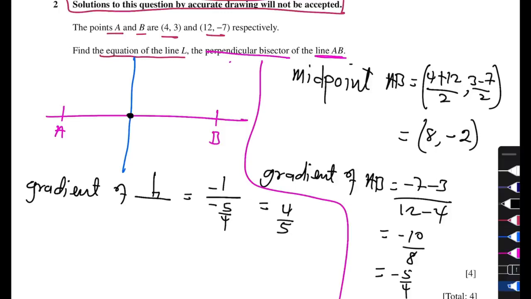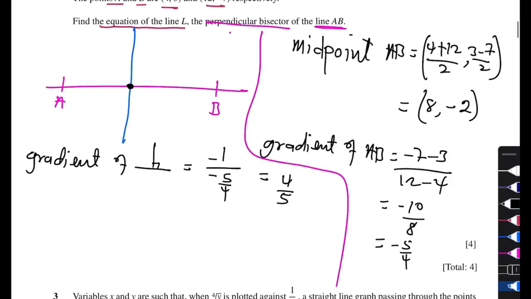Good. So we have a point on this particular line, and that point is what we just found, 8, negative 2. We have the gradient, so we are good to go. So we can confidently find the equation of the line. So you can also use y minus y1, right? But the y1 in this case is negative 2.